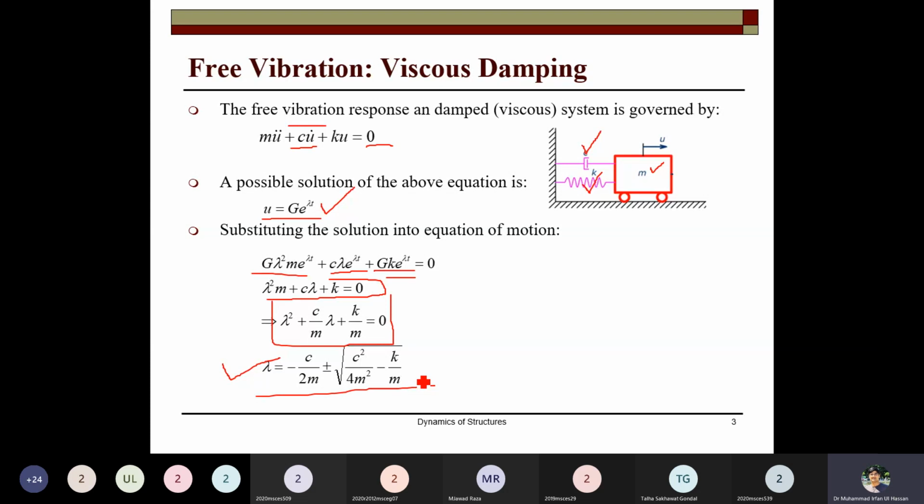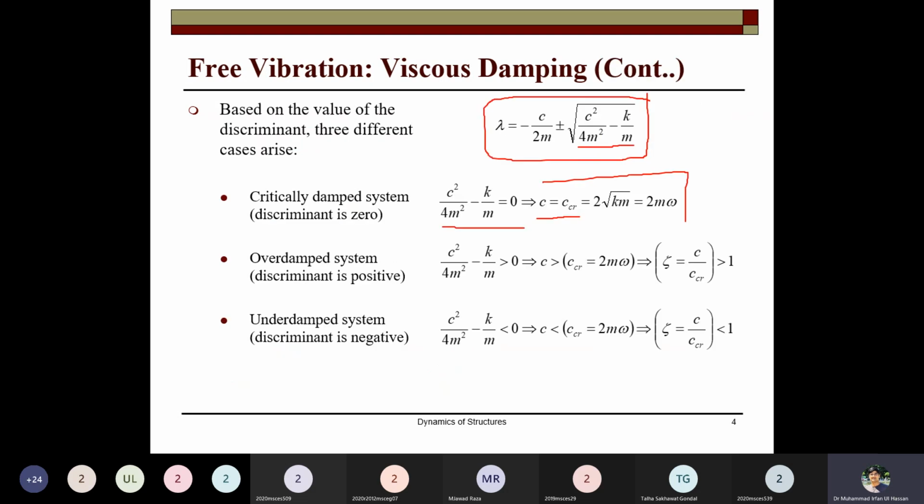But now there are different cases of the discriminant. The discriminant is equal to 0 or larger than 0. That is linked with the damping coefficient C. Three different cases are there.